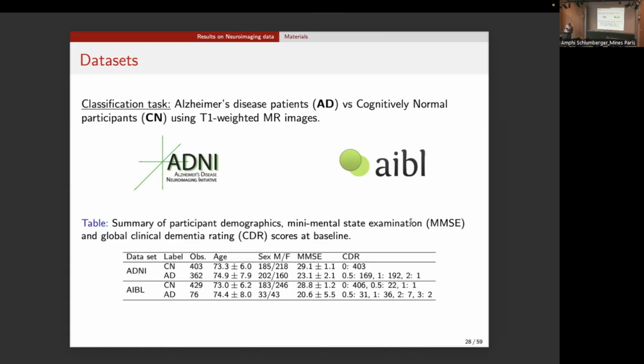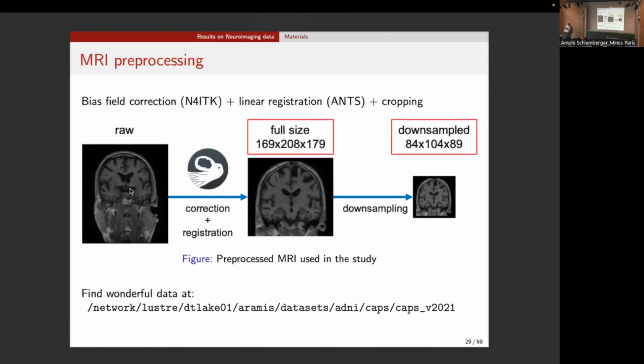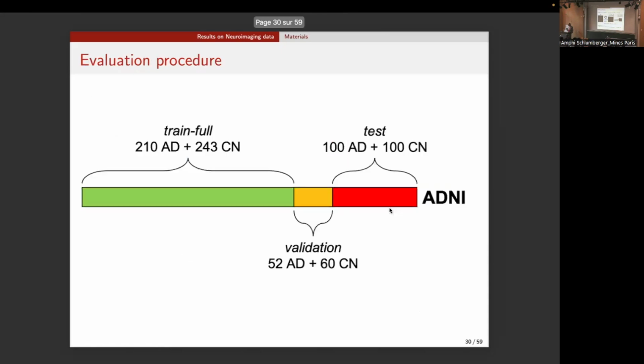Basically we had 3D T1 MRI of the brains that were corrected and registered thanks to the Clinica software in the Brain Institute, so that we had a full-size brain that we also downsampled to see if the effect of downsampling was a hard issue or not. So this was the process.